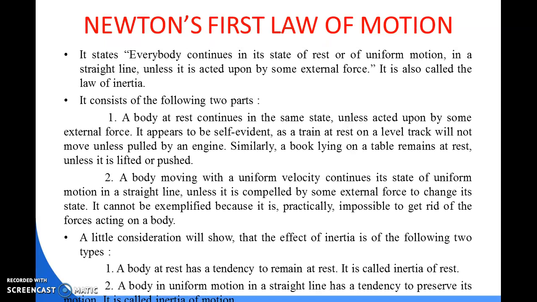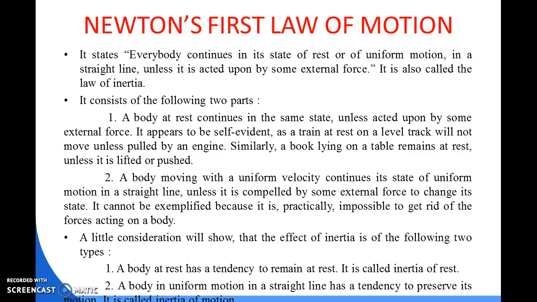According to Newton's first law of motion, it consists of the following two parts. The first part is that a body at rest continues in the same state unless acted upon by some external force.